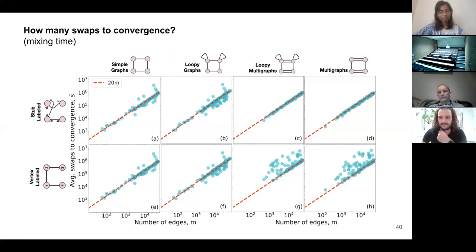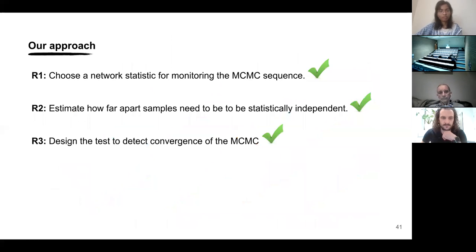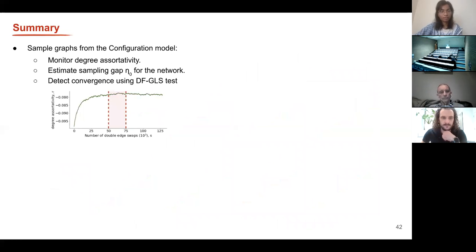Thanks for your questions, but I still want to clarify my second question. I was curious why, on this plot of convergence of the degree assortativity statistic, when you apply so many double edge swaps, it never reaches the initial empirical network if it has the same degree sequence? That's a very good question. This diagram is for one chain.